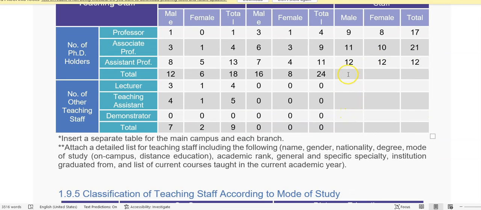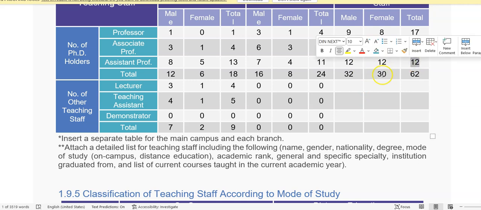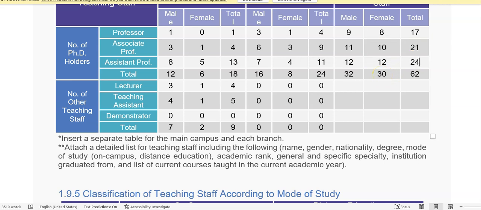You have to add the total here, as you see, 21 will be 20, 32. Here we have 22 or 30, and the total, of course, should be 62. Now we have, that's right, 10, 21, 24, yes, 24, we have 40, 50, 51, 52, 62, yes.